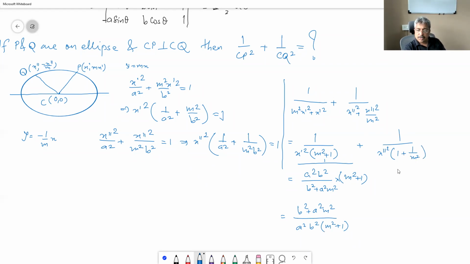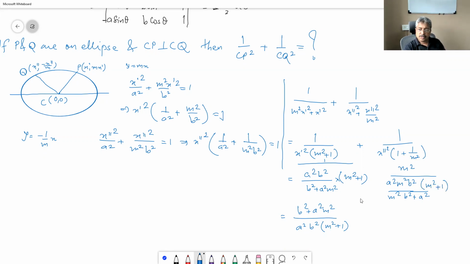If I substitute x double dash square here, I get a square m square b square upon m square b square plus a square, into m square plus 1 upon m square.